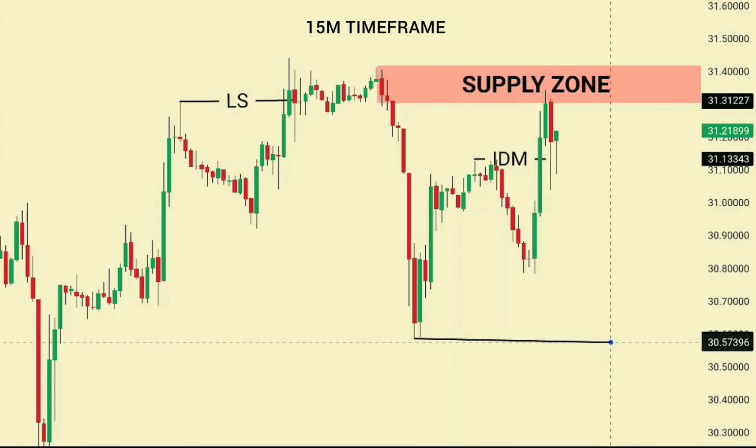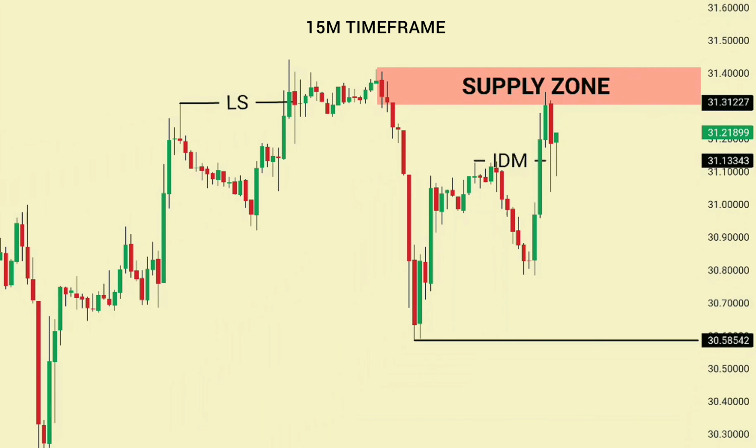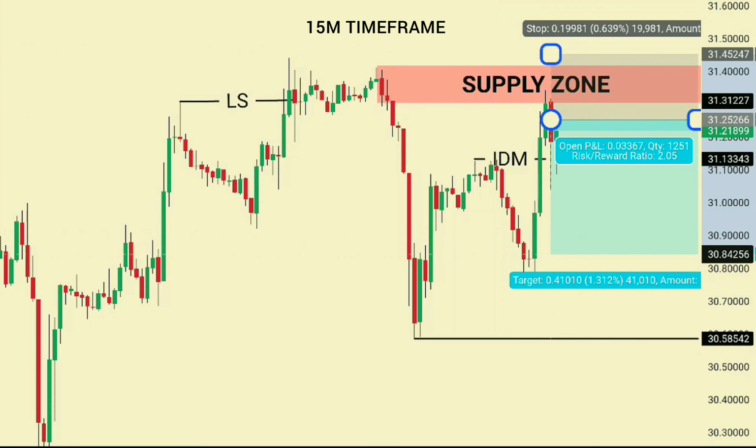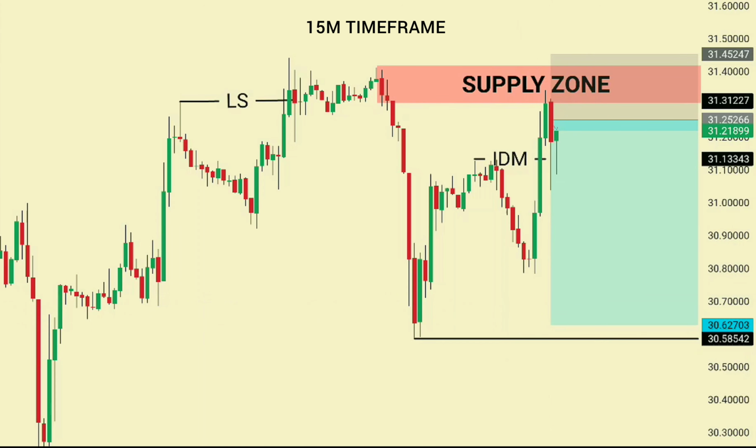After price reacts from the supply zone, I wait for a strong bearish displacement, because that's my confirmation that sellers are in control. Once that confirmation is in place, I execute the sell trade according to my plan. My stop loss is placed safely above the supply zone, while my take profit is set at the sell-side liquidity below, giving me a clean 1-to-3 risk-to-reward ratio.